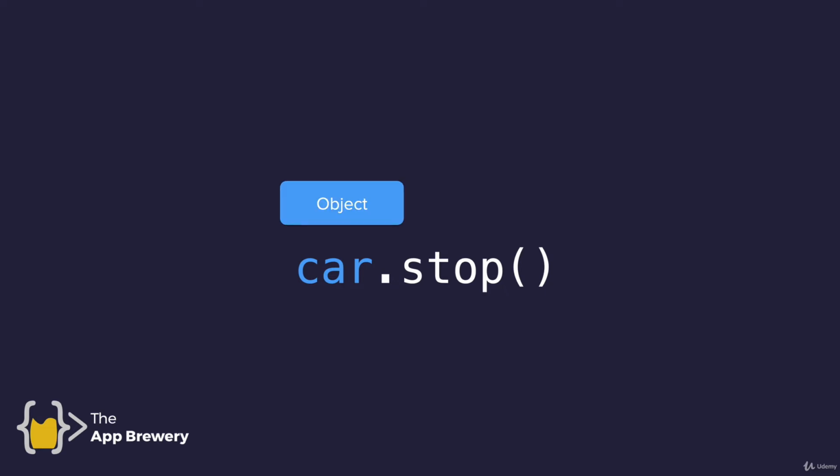The only difference is the syntax. Firstly, we would tap into the car object, and then using that same dot notation that we saw with the attributes, we're saying car dot stop. So essentially what we're doing is we're getting hold of the object, and then we're calling this function that's associated with that object, which is known as a method.